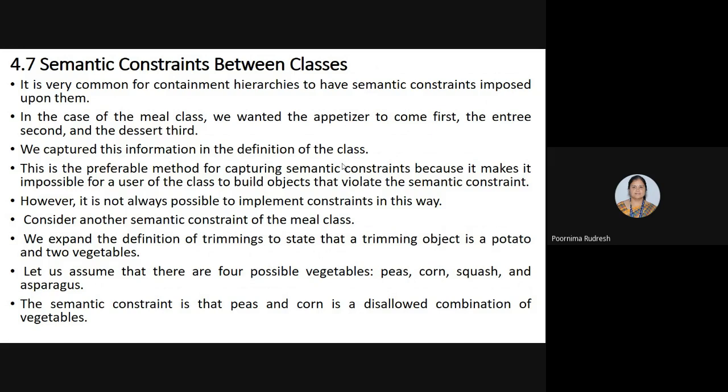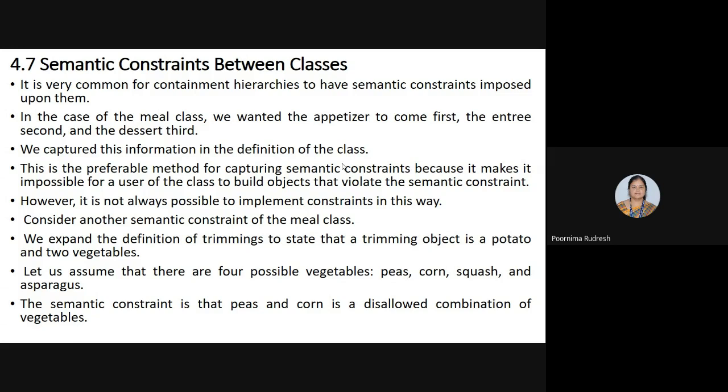Means whenever we are defining the class, in the class itself we are capturing this information, and this is the preferred method for capturing the semantic constraints, because it makes it impossible for the user of the class to build objects that violate the semantic constraints. But it is not always possible to implement the constraints in this way.